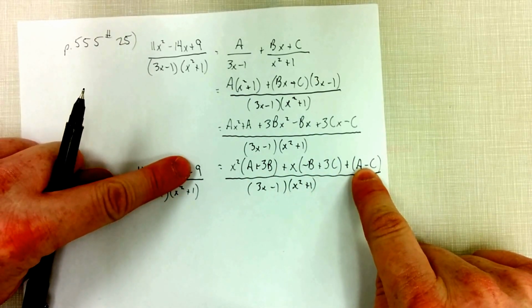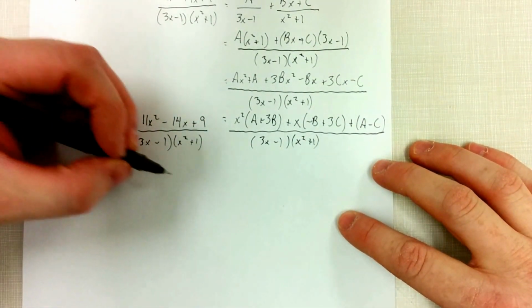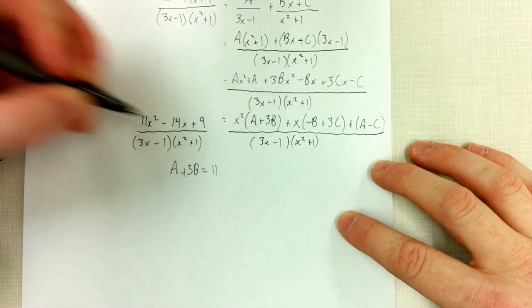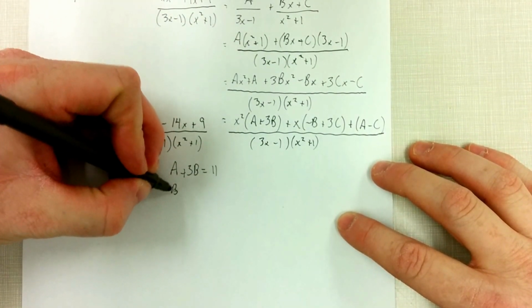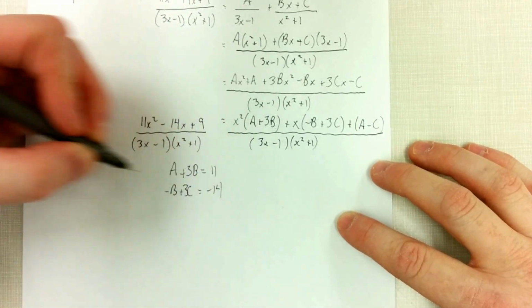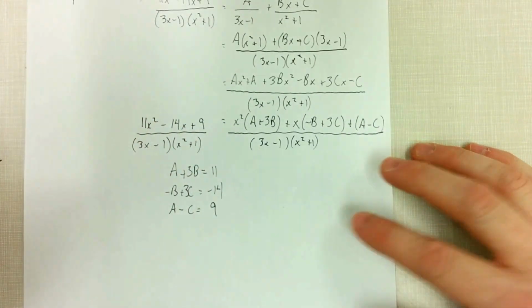The constant needs to be equal to the constant. So from there, I can write my three equations as A plus 3B equals 11, minus B plus 3C equals minus 14, and A minus C equals 9.